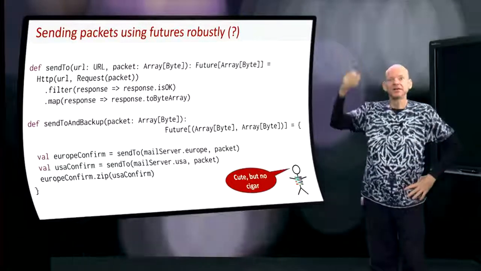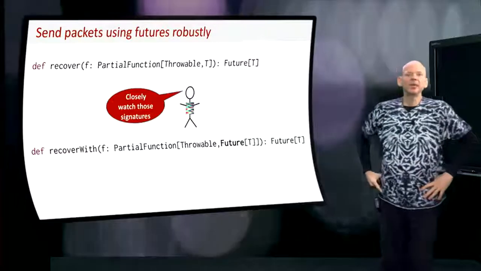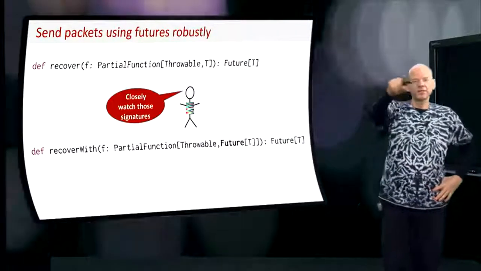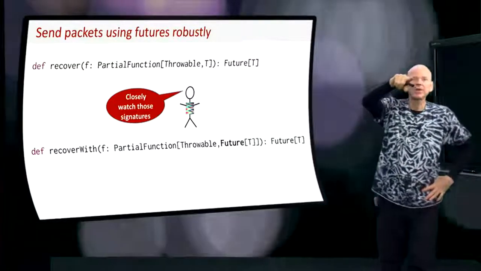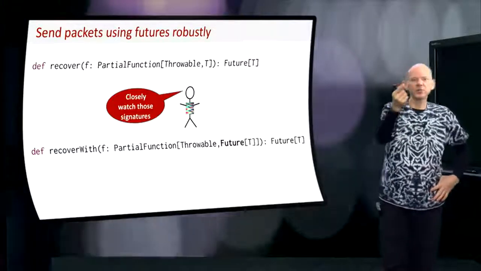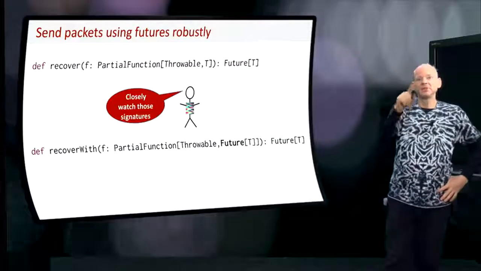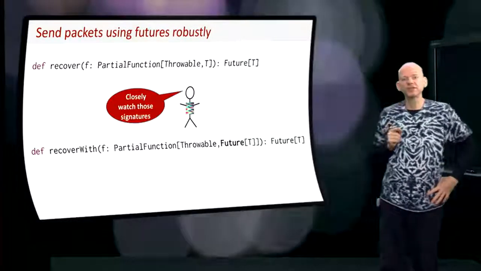So this is not very resilient. But there are these 2 functions: the one that I showed you, recover with, and another one, recover. You can see that recover with looks a little bit like flat map, because it takes a function that takes an exception and returns a future.